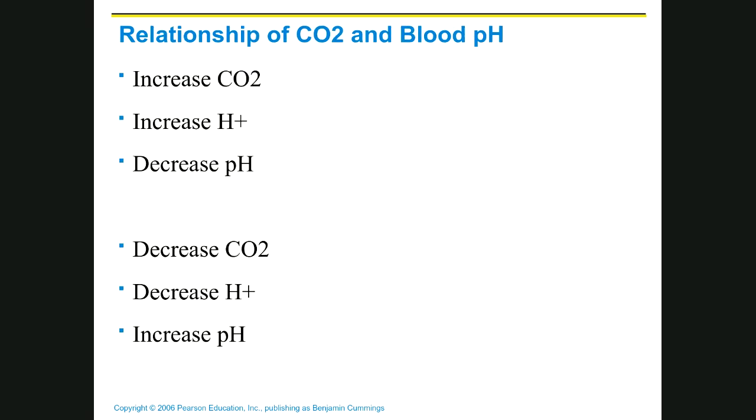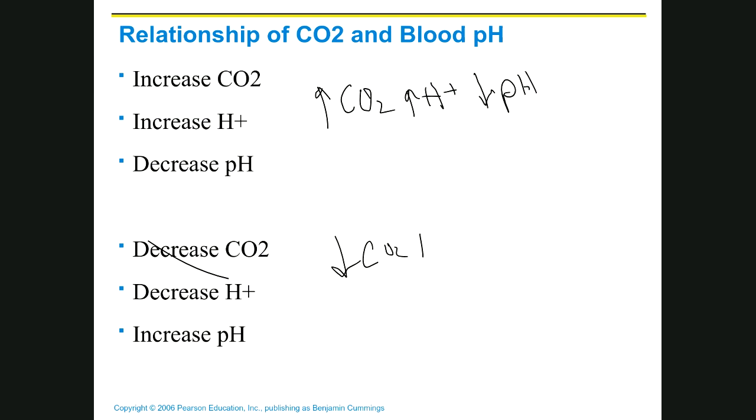Here's that. Automatically, if I increase carbon dioxide, I'm going to increase hydrogen ions, and I'm going to decrease pH. Automatically, if I decrease carbon dioxide, I will decrease hydrogen ions, and I will increase pH.